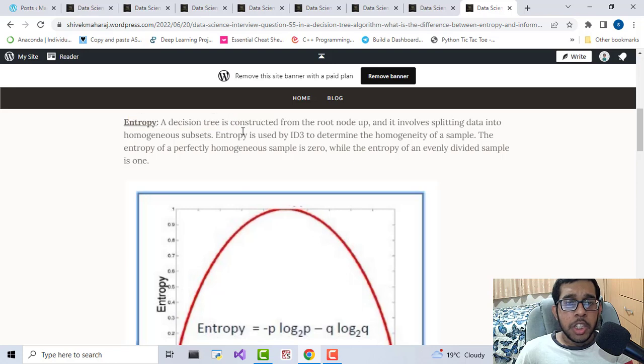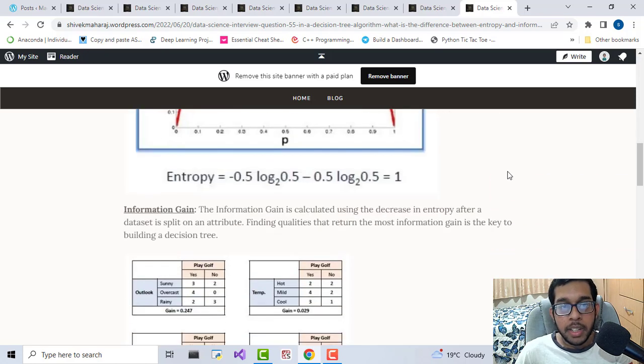Entropy: a decision tree is constructed from the root node up, and it involves splitting data into homogeneous subsets. Entropy is used by ID3 to determine the homogeneity of a sample. The entropy of a perfectly homogeneous sample is 0, while the entropy of an evenly divided sample is 1.